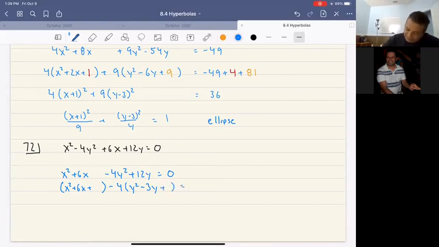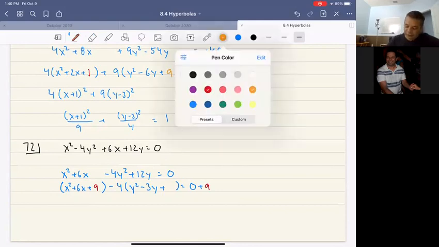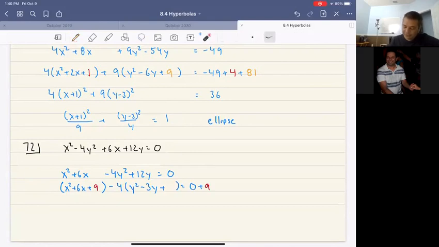Now, let's do our completing the square, just like we did last time. Over here, we're going to add 9. Over here, we have to take 3 divided by 2.